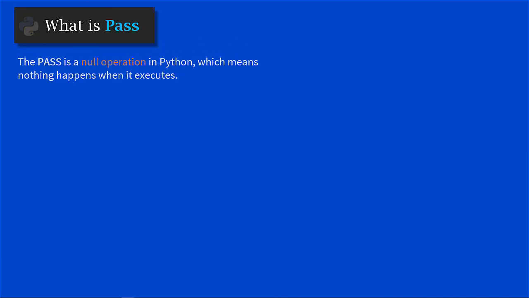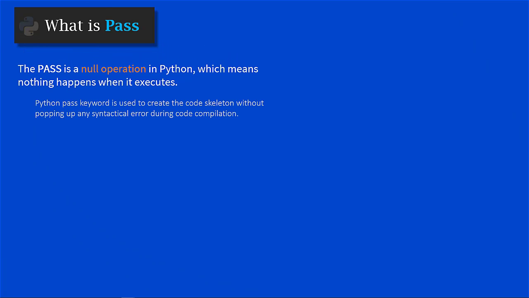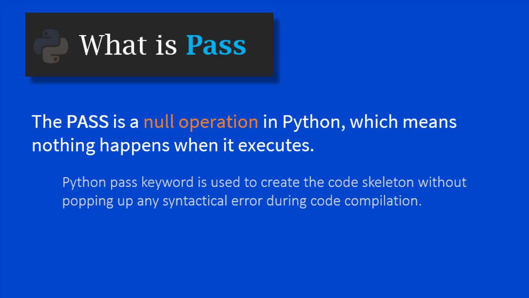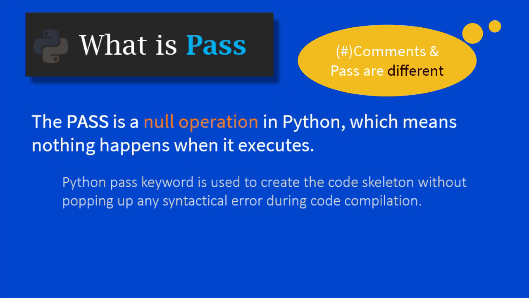We will see what pass is. Pass is a null operation in Python. If you are hearing this for the first time, don't worry at all. It means nothing happens when it executes. Comments are also not executed by Python, but that's a different thing, right?